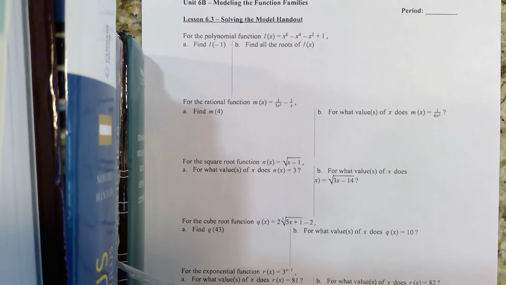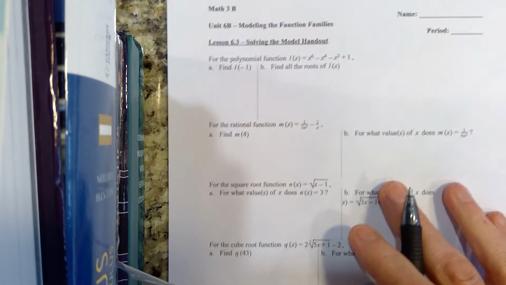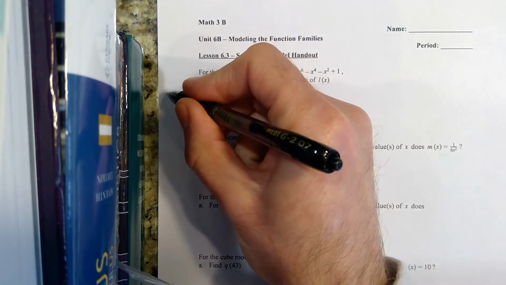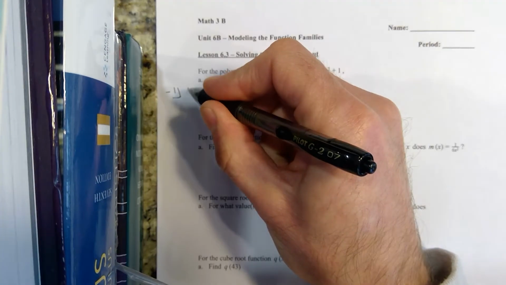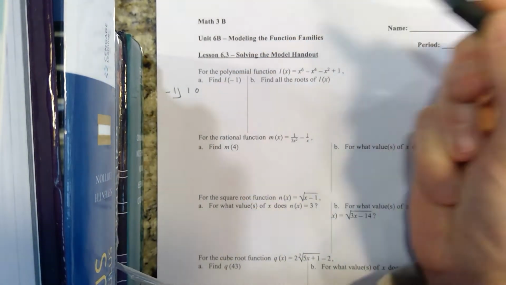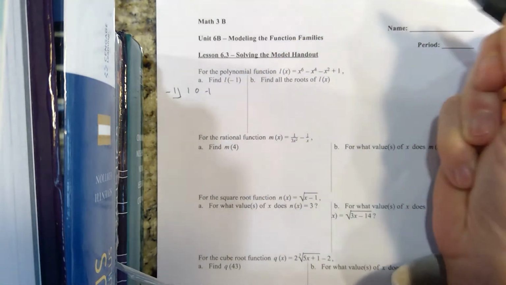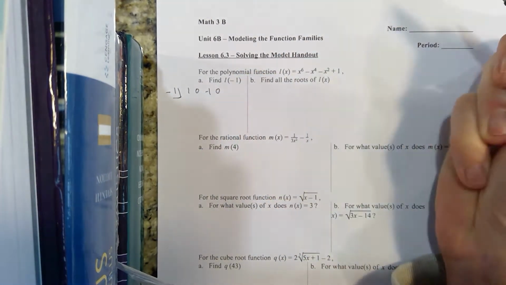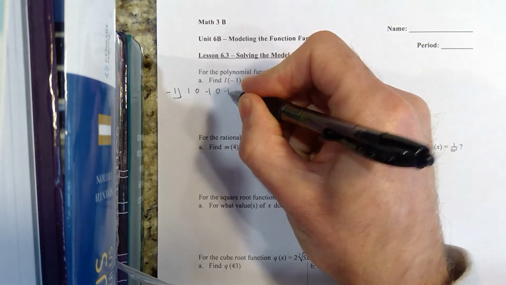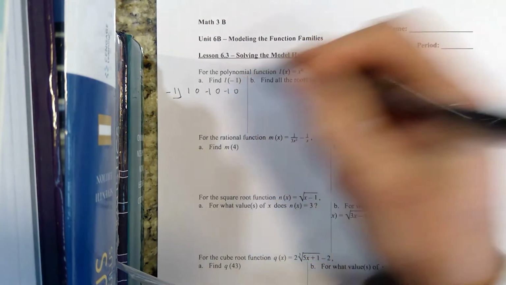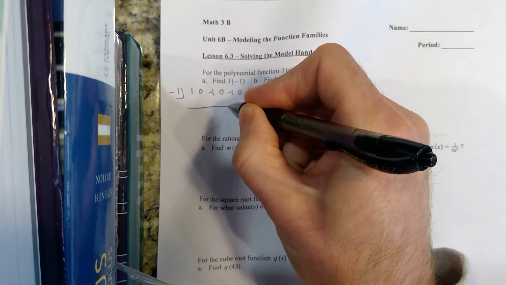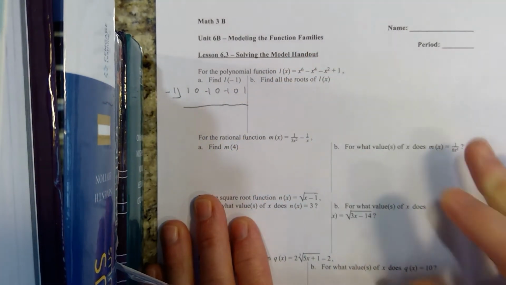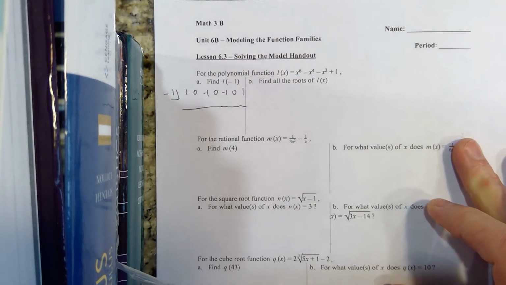But just to review, you could also, of course, use synthetic substitution. So doing synthetic substitution, right? 1x to the 6th, 0x to the 5th, -1x to the 4th, 0x cubed, -1x squared, 0x, 1. I'm doing it this way because we're going to probably end up using this later on when we're working with these polynomials.